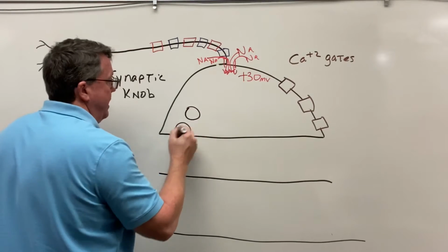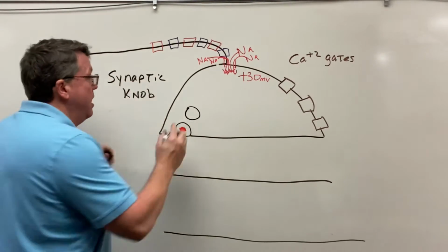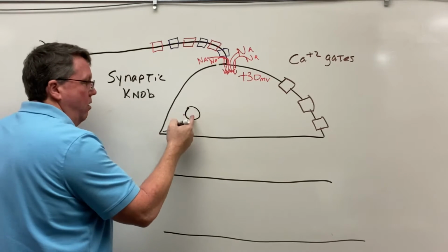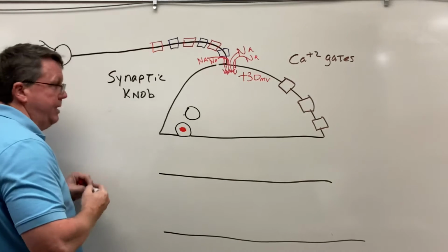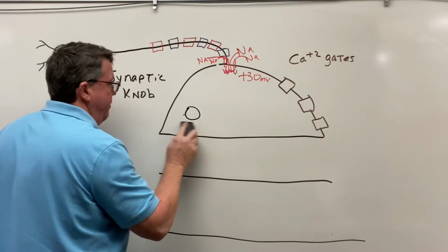Okay, so now it's inside the cell. I'm not going to draw the red because I'm going to draw this real big in a second. This is called a vesicle. Where the cell membrane is with the thing inside of it, whatever that may be, is a vesicle. I'm going to give you an example right now.